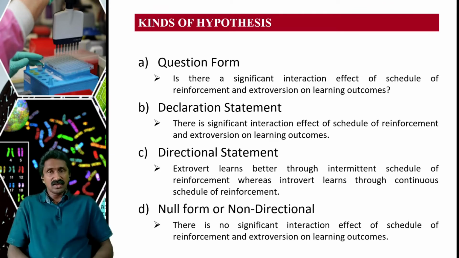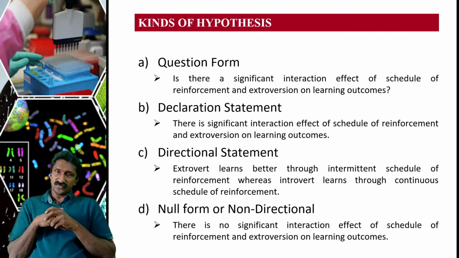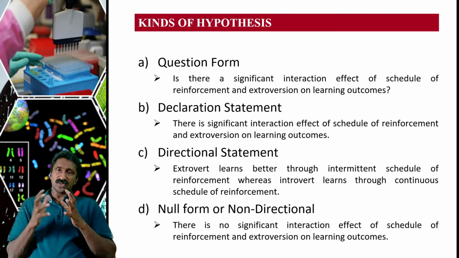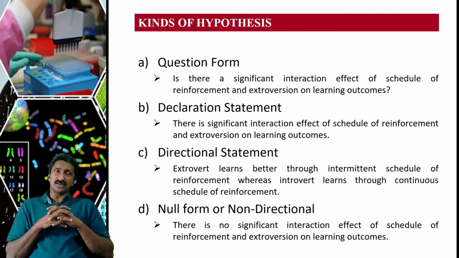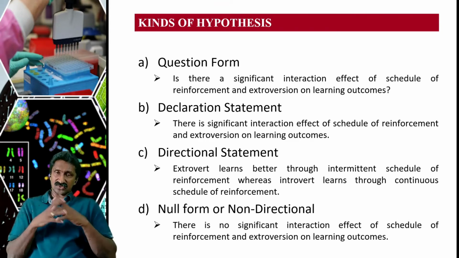That also can be verified and rejected if it is found invalid. Then there is a directional statement like extrovert learners learn better through an intermittent schedule of reinforcement, whereas introvert learners learn better through a continuous schedule of reinforcement. So that's a directional statement.